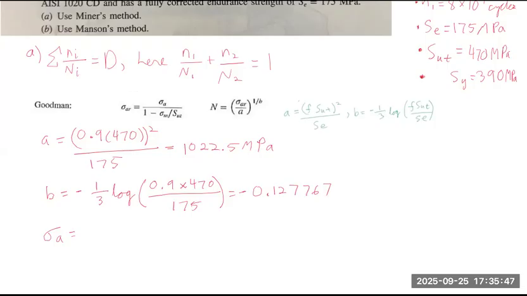Key definitions: sigma A is alternating stress, a stress component that varies cyclically around a mean, and sigma m is the mean stress, which is the average stress over a cycle. KT is the theoretical stress concentration factor, the ratio of max stress at a notch to nominal stress, which is purely geometry based.